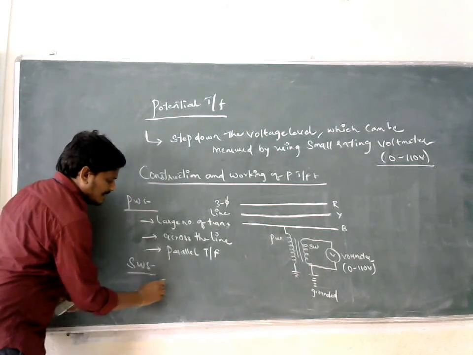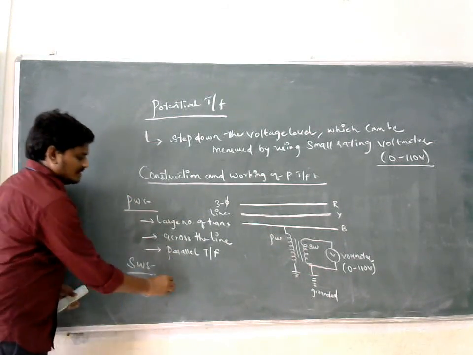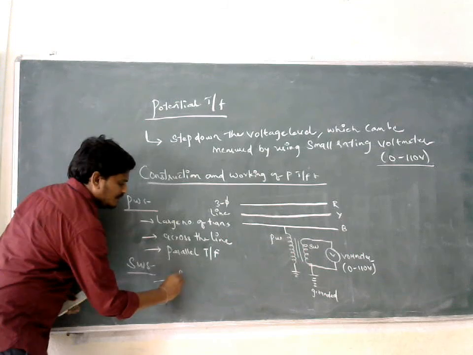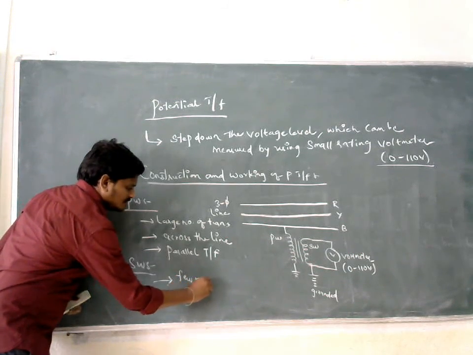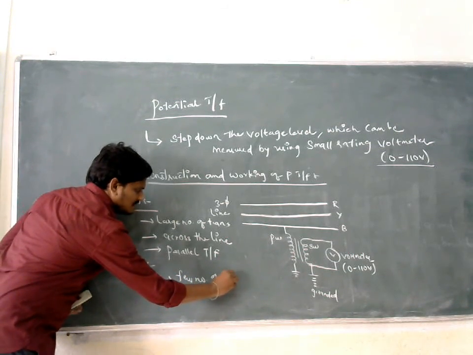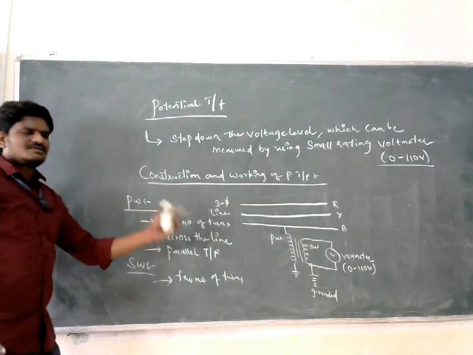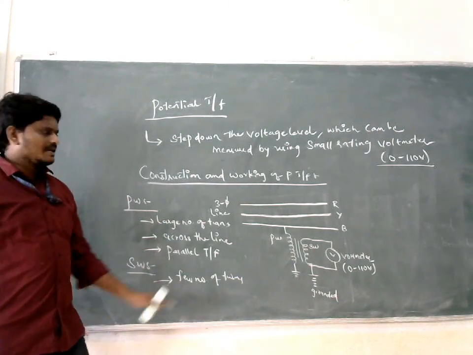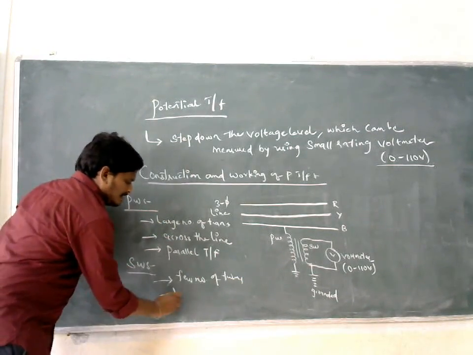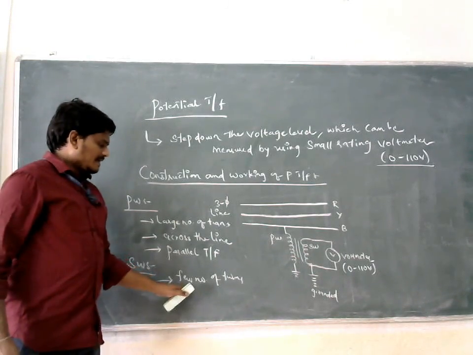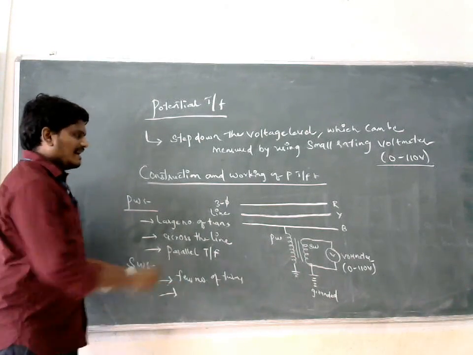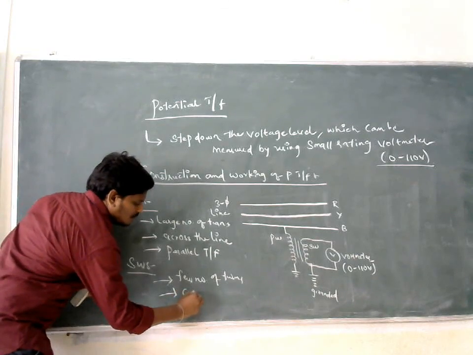Now we will go with the secondary winding. The secondary winding of a potential transformer consists of a few number of turns. It consists of fewer turns when compared with the primary. The secondary winding is directly connected to a voltmeter.